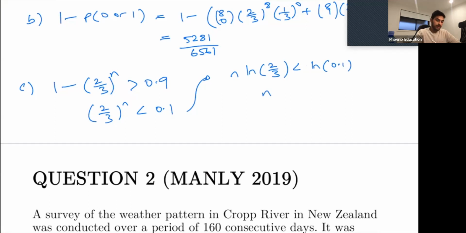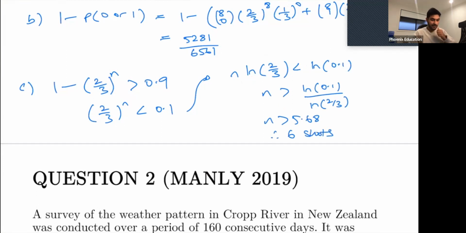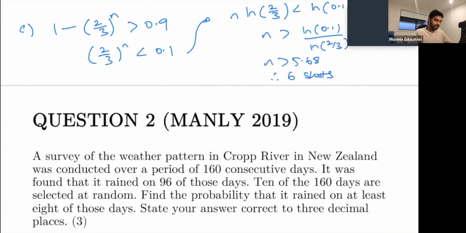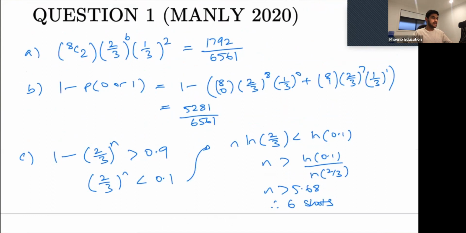And now I'll divide both sides by the natural log. If you haven't seen this before, this is just a natural log, pretty much the same as your regular log, but with base e. And if I divide both sides by ln(2/3), this is something negative, so I'll have to flip my sign again. If I plug this into the calculator, this comes out as 5.68. So we need at least 6 shots to make sure that we have a 90% chance of getting at least one bullseye. Okay, I'll let you have a look at that for a second.